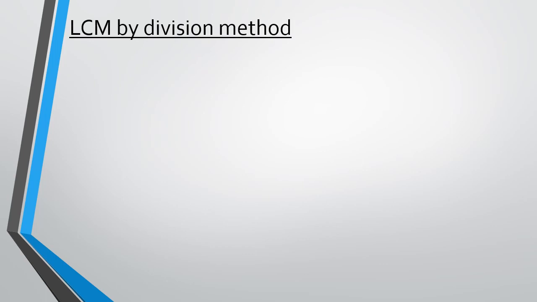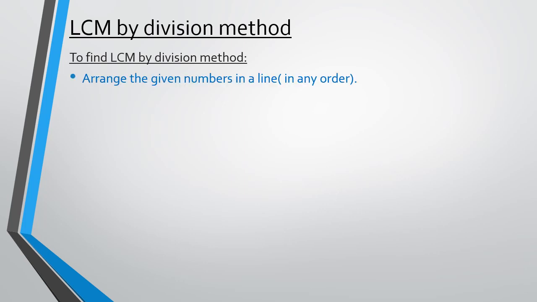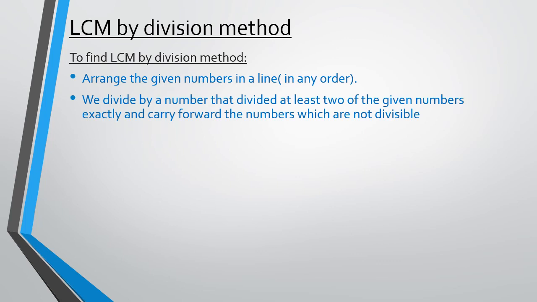LCM by division method. Let's learn how to find LCM by the division method, children. The first step is we are going to arrange all the given numbers in a line. It can be in any order. Then we are going to divide by a number that can divide at least two of the given numbers exactly.